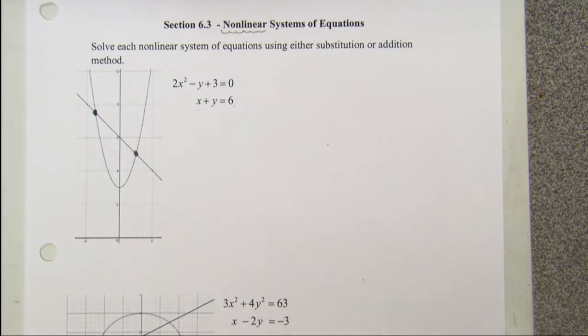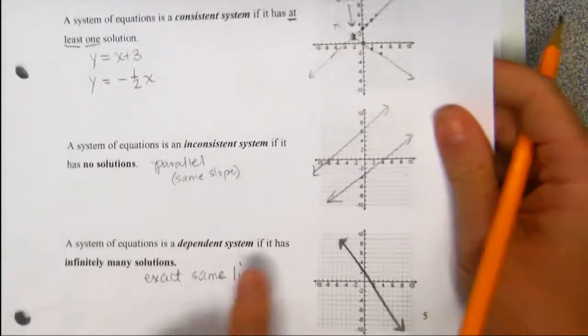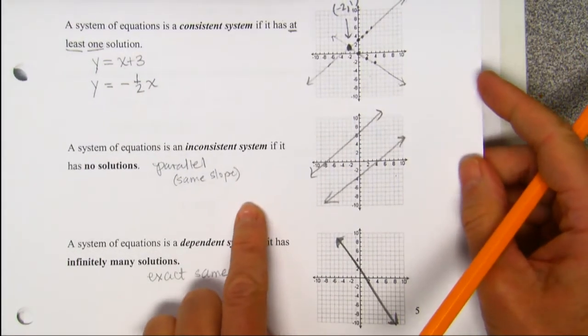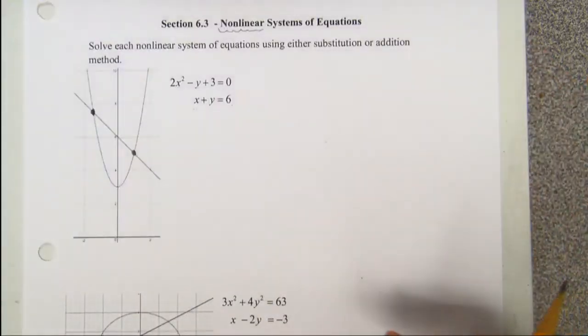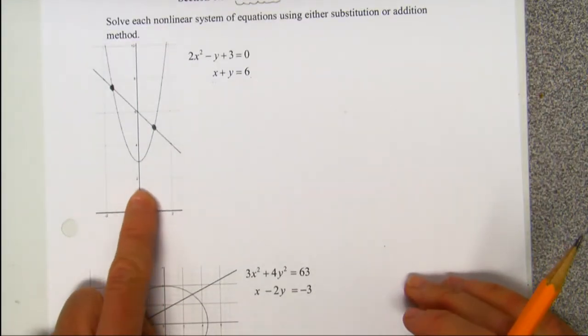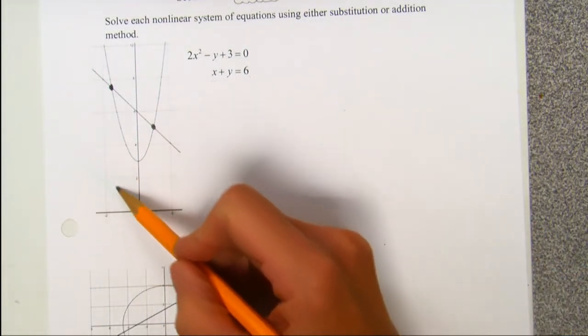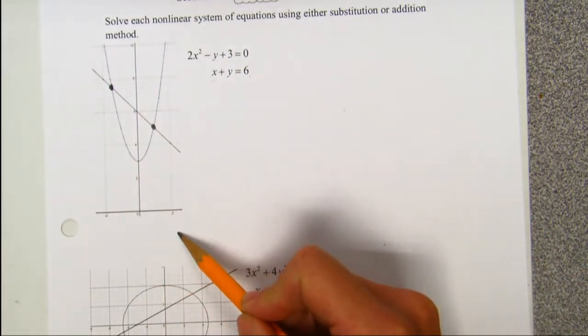All right, just flipping back, there were also inconsistent systems that share no points in common. Parallel lines were inconsistent. Here, you could have a line and a parabola be inconsistent. What if you went to graph them and your line ended up down here and never touched the parabola? Isn't that a possibility?